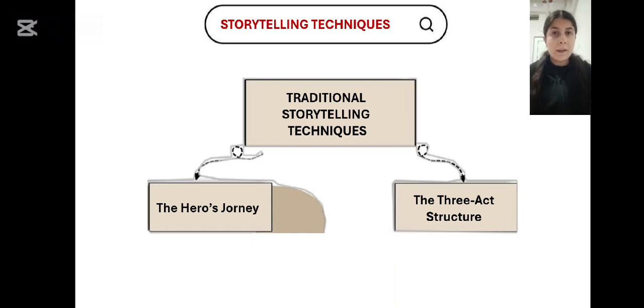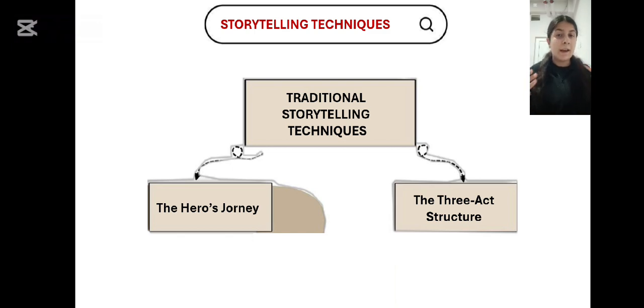If you ask why people love this type of story, let me answer: because of the courage and of stepping out of the comfort zone. So now let's move on to the three-act structure. People love it because it's organized, and we use this structure in plays, novels, and films. The three-act structure is organized as Act 1, Act 2, and Act 3.